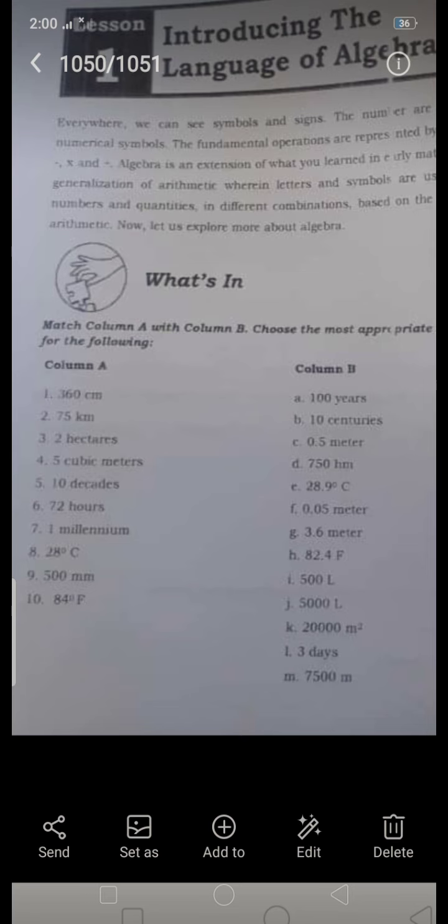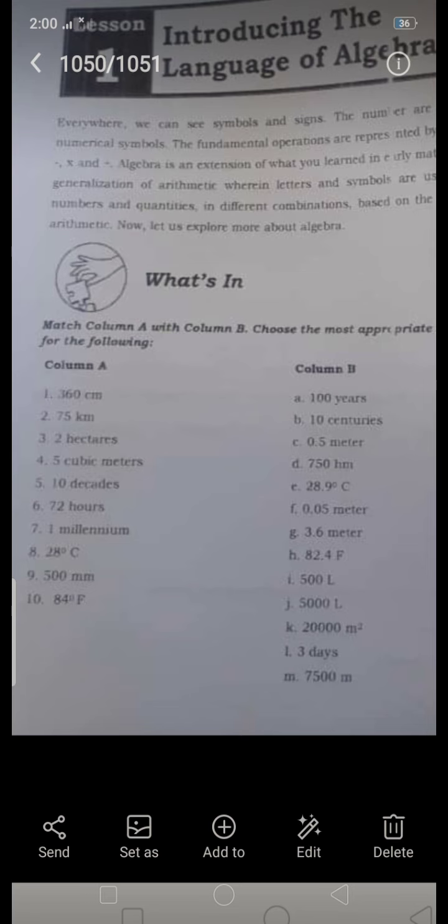Hahanapin natin dito, 5 cubic meters. Okay. Pwede natin yan i-convert sa liter. Cubic meter to liter. Ilang litro? Okay. So, sa isang cubic meter, merong 1,000 liters. 1 cubic meter is equivalent to 1,000 liters.